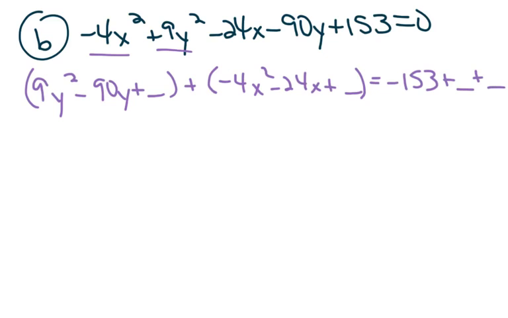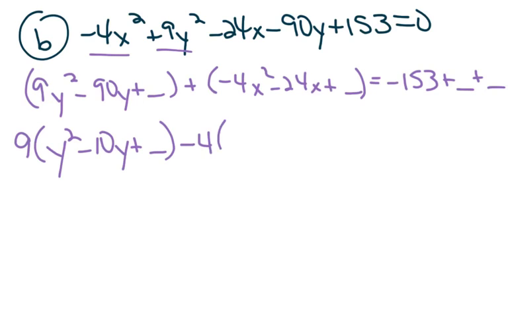Before I can complete the square, I need to make sure that the square term in each parentheses has a coefficient of 1, so I'm going to factor out 9 from the first parentheses. I'm going to factor out negative 4 from the second one, so be careful and watch your signs. Notice that I changed the middle term to a positive because I was dividing by negative 4.